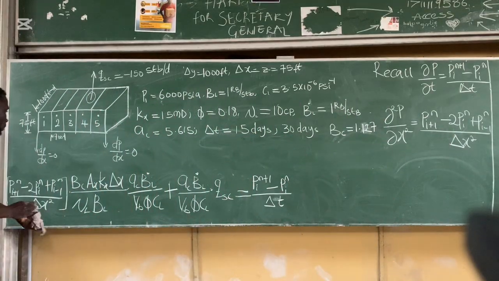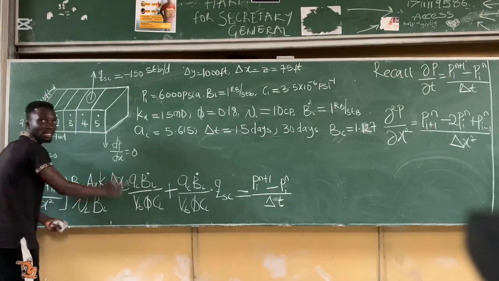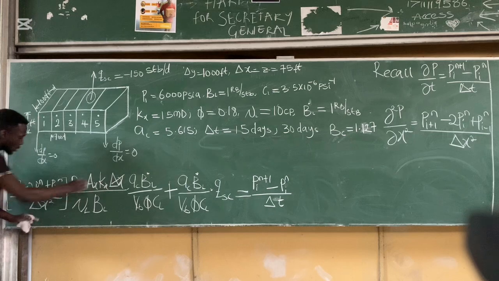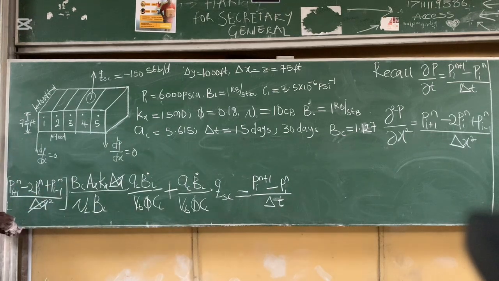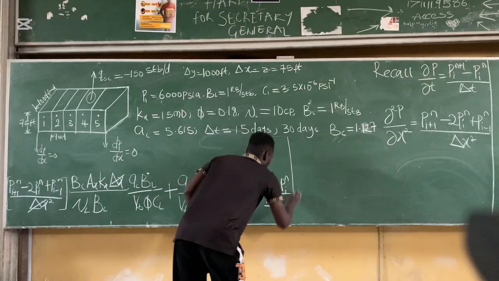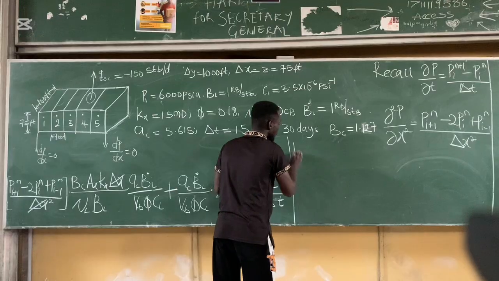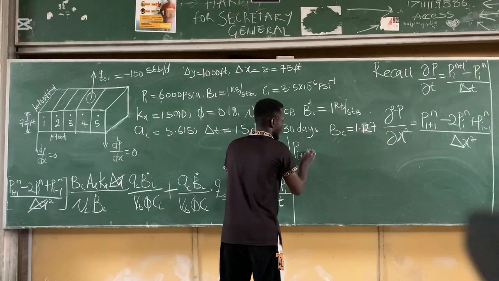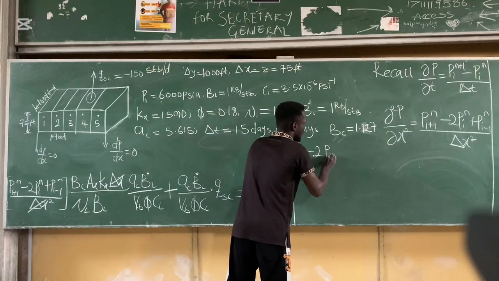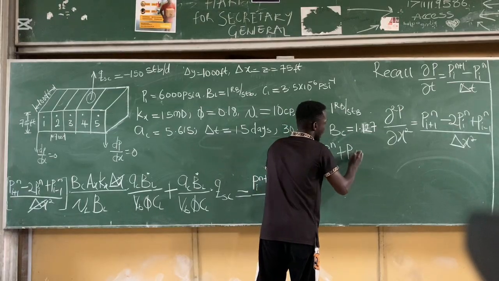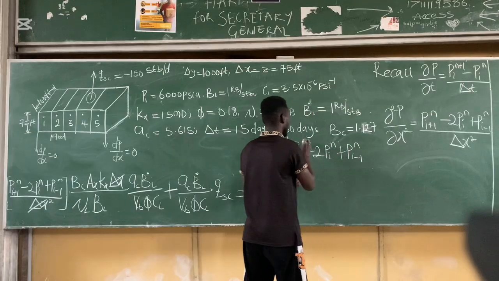If you look at this now, remember that this one here is multiplying this one. If that is the case, delta x can cancel out one of the delta x in delta x square here. So if this cancels one, we are going to have P_(i+1) minus 2P_i^n plus P_(i-1)^n.